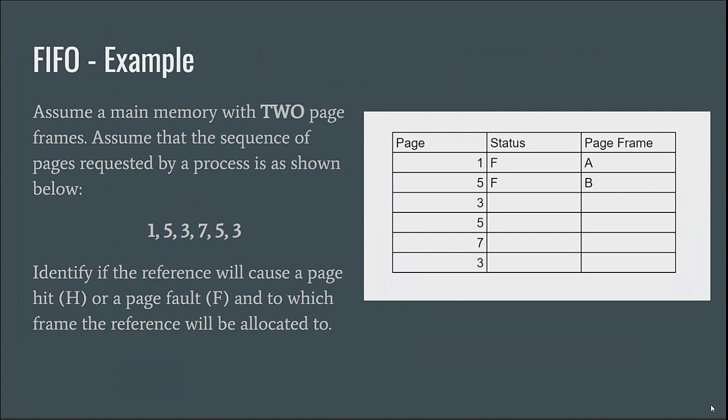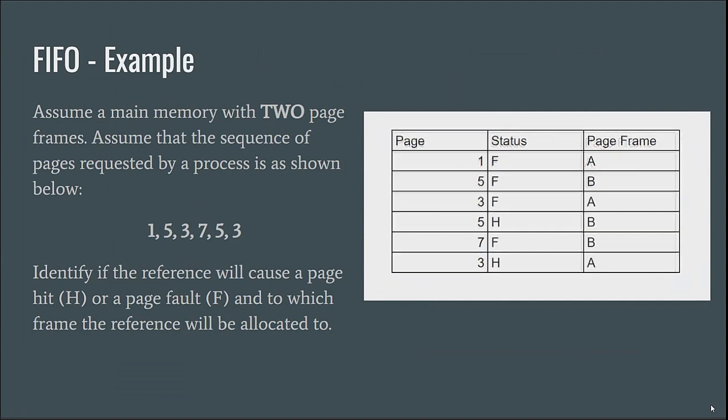Okay. So now, in our sequence, we come up onto 3. Remember, there are only 2 page frames, so we don't have an empty page frame for it. We have to replace one of our existing pages with 3. First in, first out, so the first in will be the first out, and the first in this time was page 1. So 3 is a fault, because 3 was not in any of the page frames.